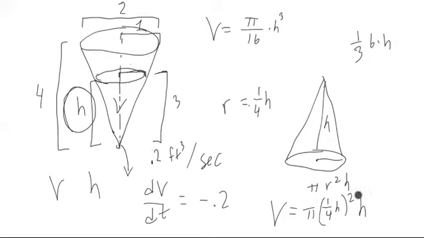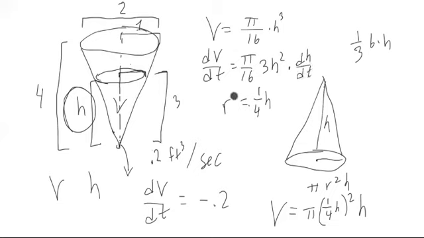So dV/dt is equal to pi over 16 times the derivative of H cubed. H is a chunk, so there's a composition involved, and you have to multiply by dH/dt, which was important so that we could get the dH/dt out.